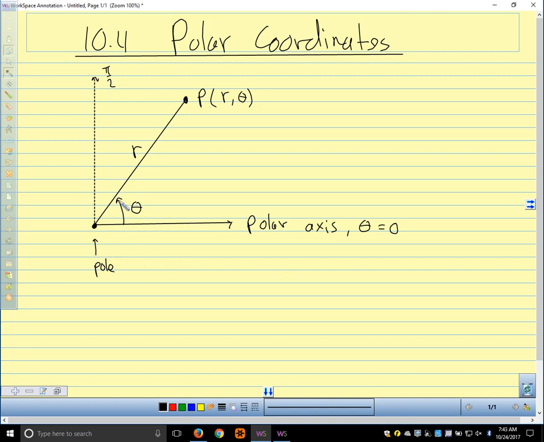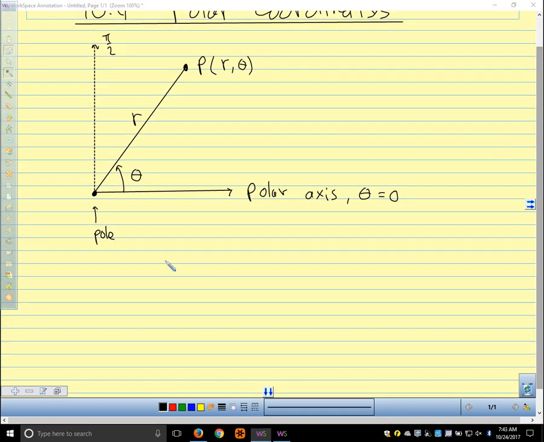And theta, the positive theta is measured counterclockwise from the polar axis. (r, theta), unlike rectangular coordinates, is not a unique representation.